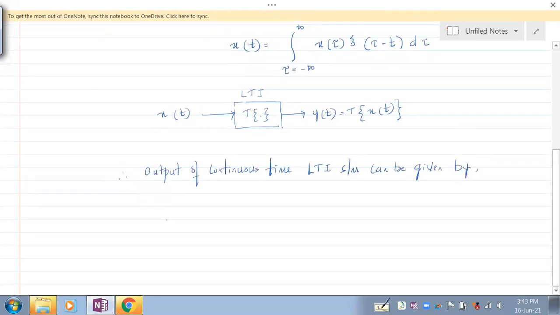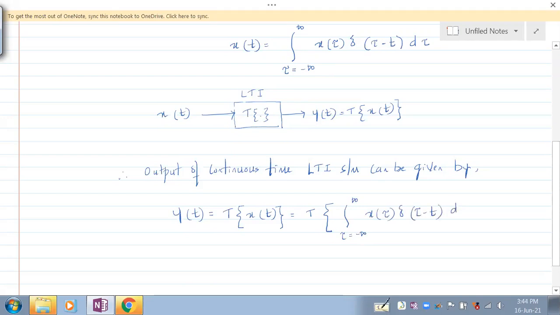Here, y of t is what we have as the output. That is the response to the input x of t that we have applied to an LTI system. And what is this continuous time signal? This can be given as the integral, tau ranging from minus infinity to infinity, x of tau, delta of t minus tau, d tau.